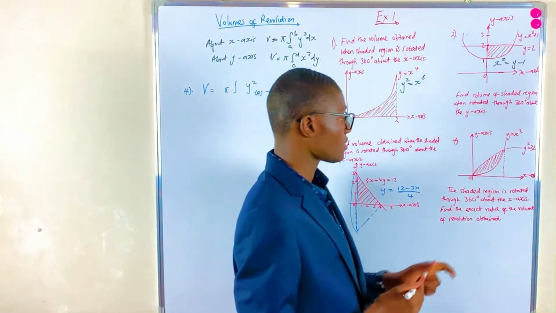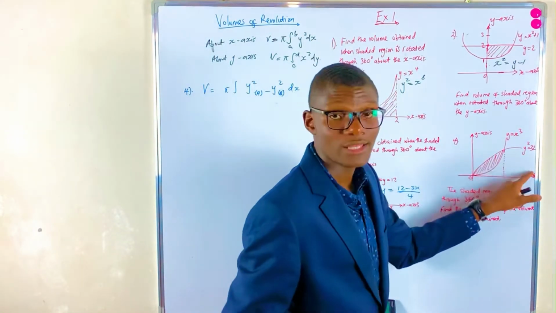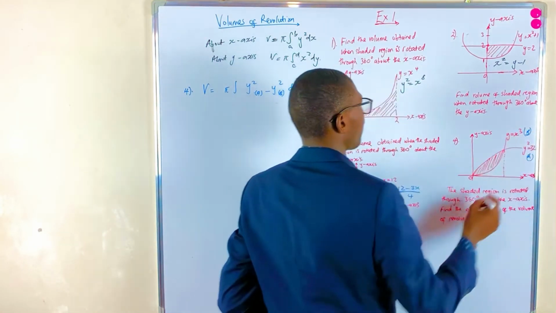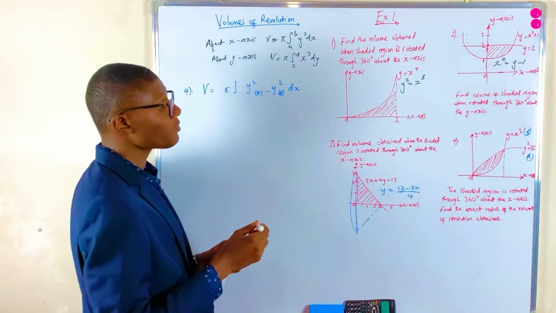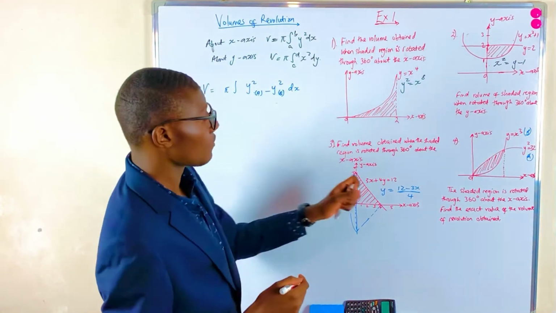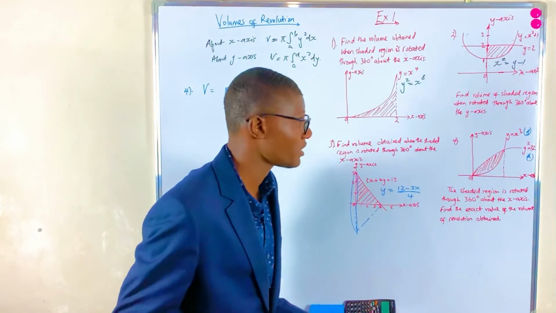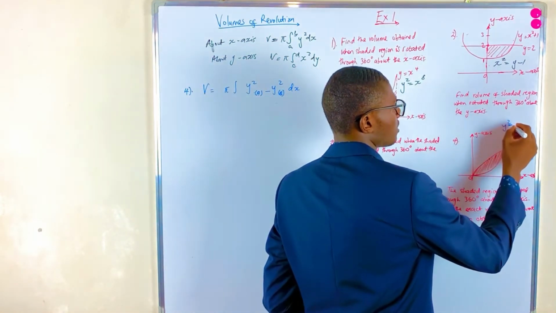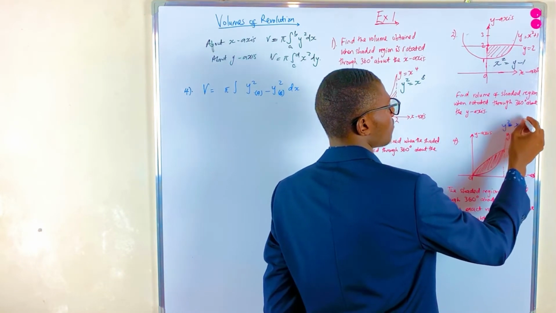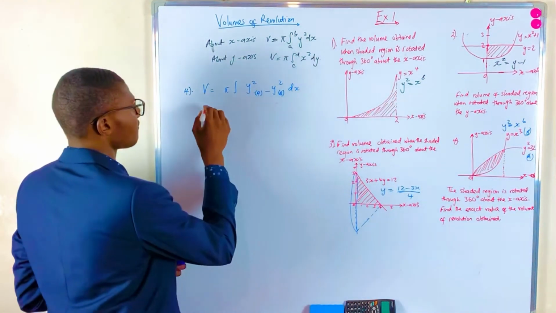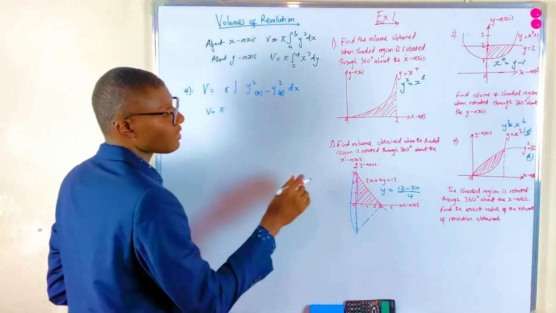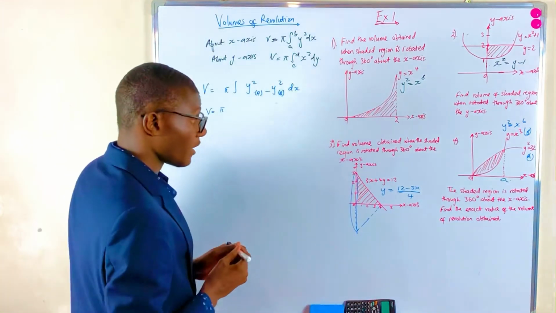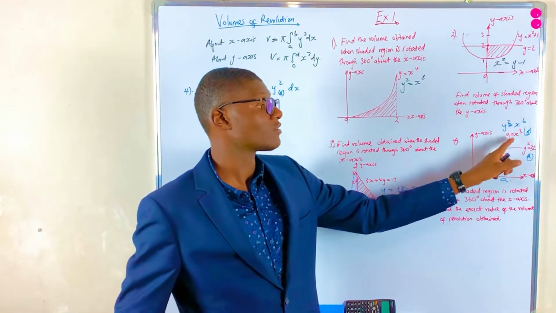The curve above is a, and the curve below is b. Formulating the y squared, y squared for this one we know is 32 already. Then y squared for this one would be x cubed to the power of 2, which is x to the power of 6. Such that v is pi, and the limits are from 0 up to a, for which we don't know a. But we know that a is the intersection of these two curves.